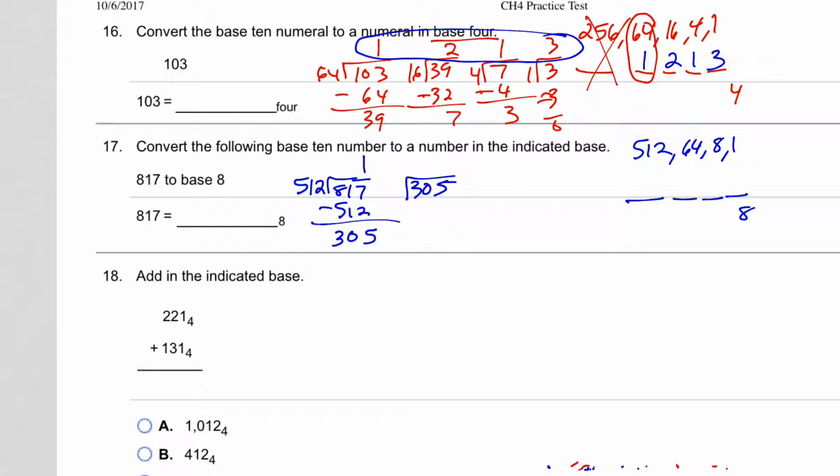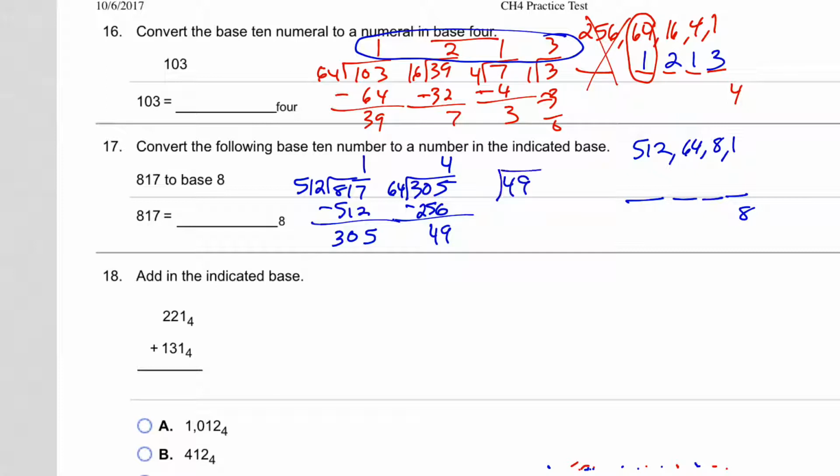Then we're going to divide by 64. So 305 divided by 64 goes in 4 times. So 4 times 64 is 256. And then we subtract that from 305, get 49.